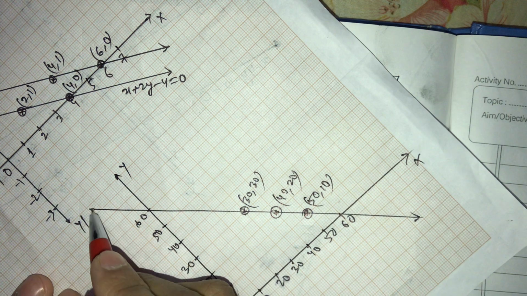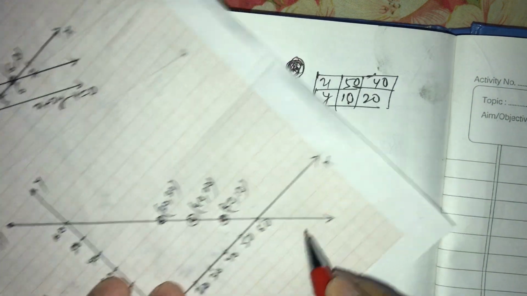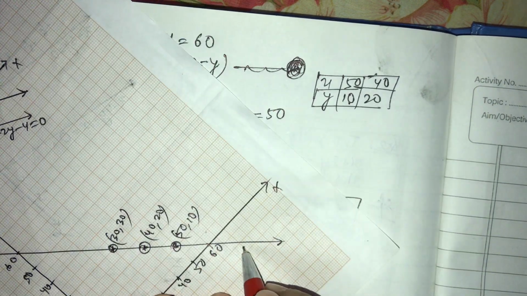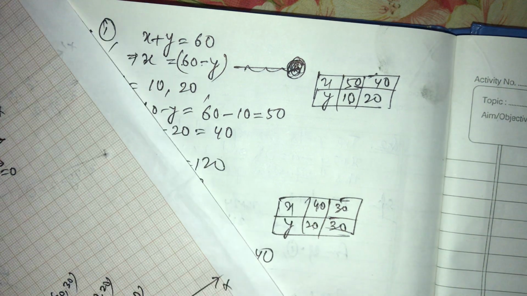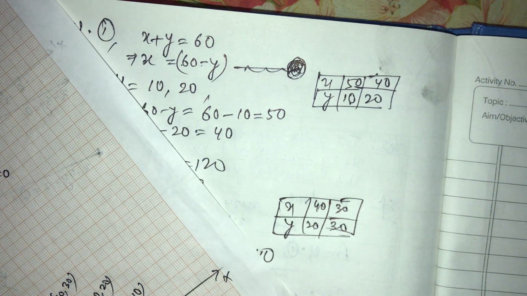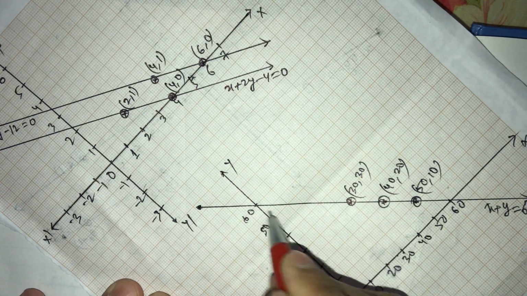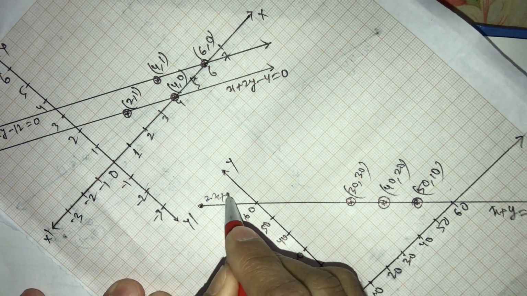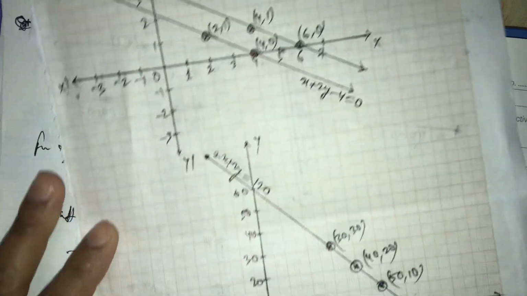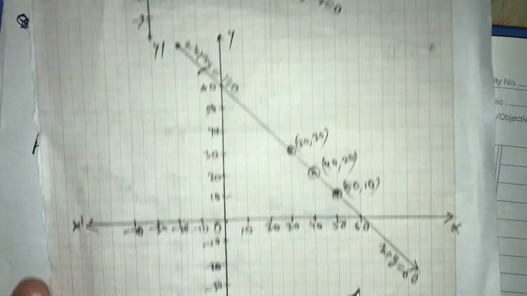So one line only will do the work. So here I can write the equation. The first equation was x plus y equal to 60. Second was, let me write somewhere here, 2x plus 2y equal to 120. Done.